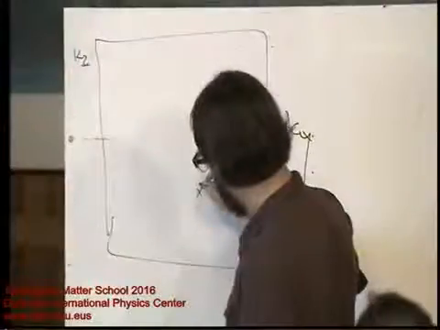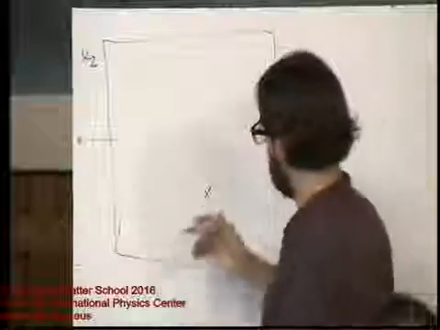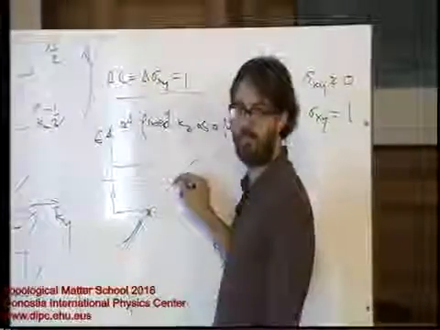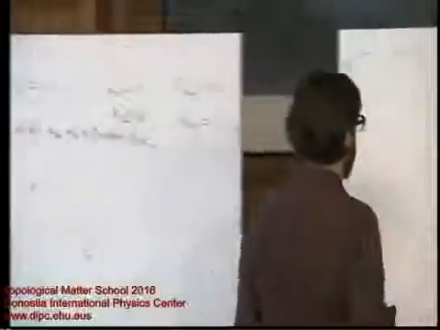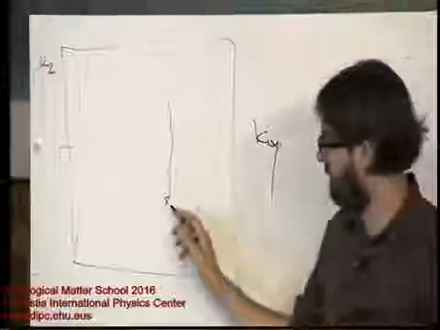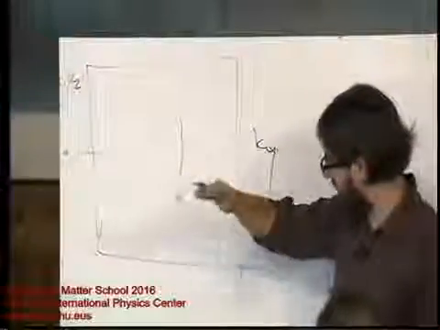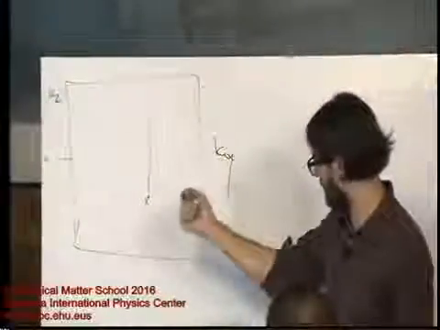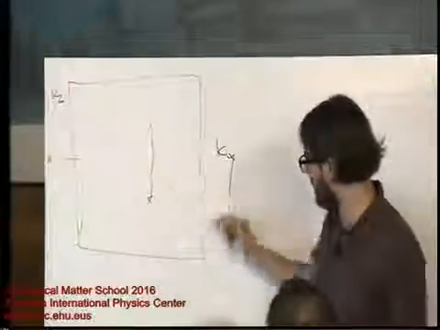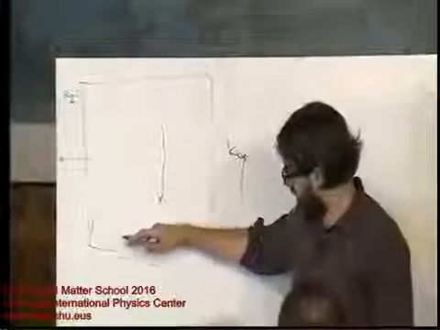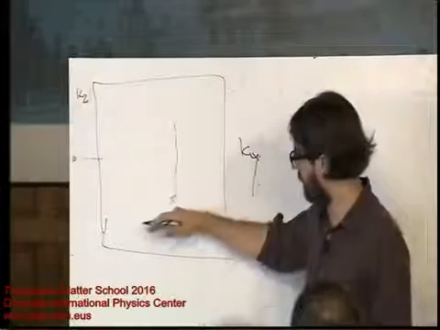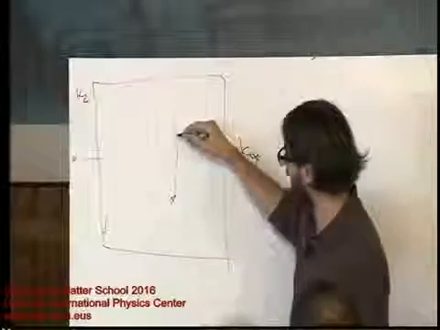The moment I go away from the Val node, with open boundary conditions, I have a Fermi point at every kz, right? So I have a Fermi point at every kz, and that is the same thing as saying that this plane, as I go, there's an open boundary condition in this direction. This is a surface state. Below the Val node, I have no chiral mode. Above the Val node, I have a chiral mode.